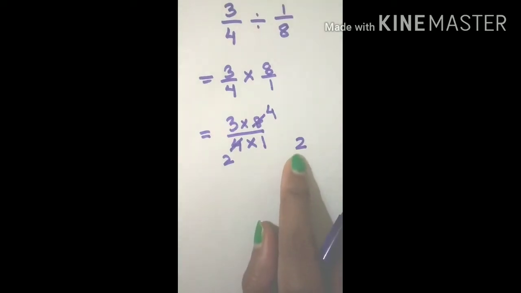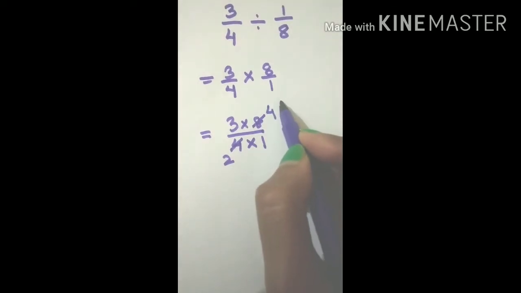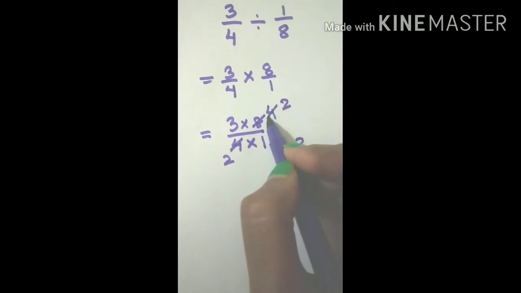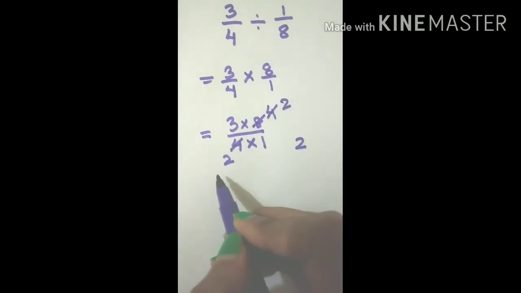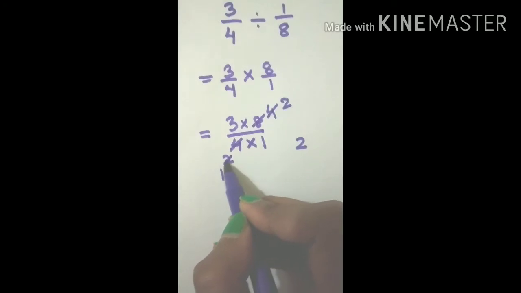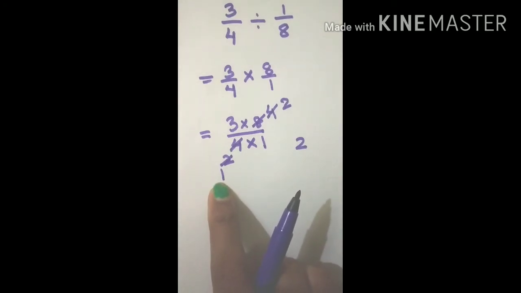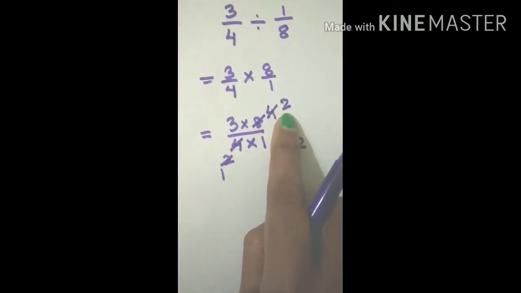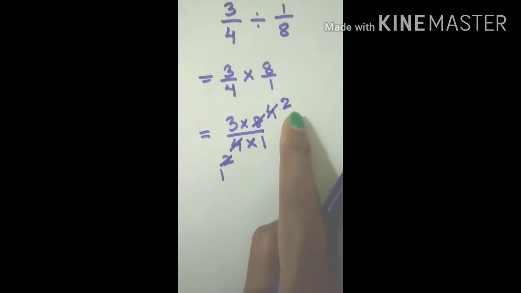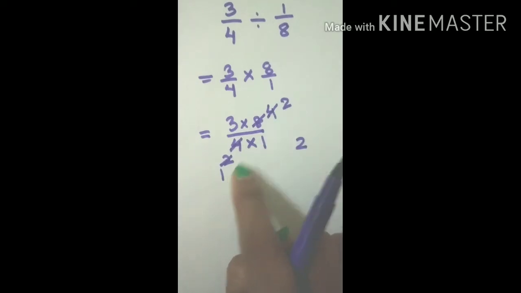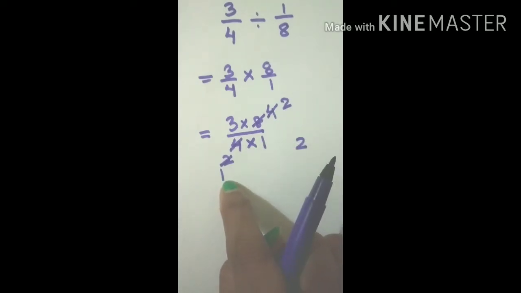We know that 2 multiplied by 2 is 4 and 2 multiplied by 1 is 2. Now students, is there any common factor between 1 and 2? No, there is no common factor between 1 and 2 except 1. So we will leave 1 and 2 as it is.